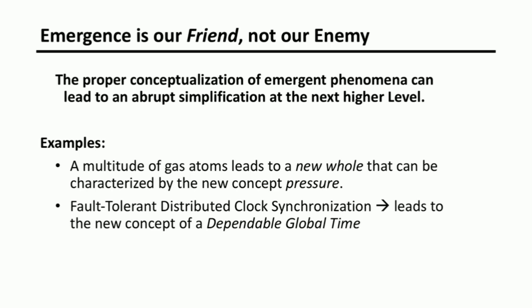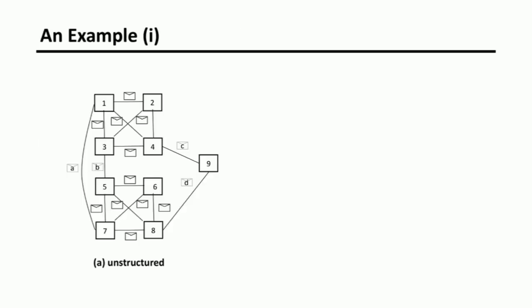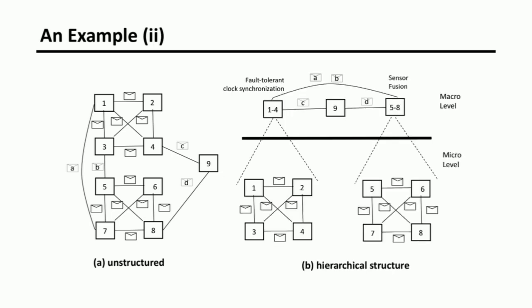And let me give you finally, before closing, an example. Look at this structure here. Is it easy to understand what it's doing? And we do a reconceptualization. We say that components 1 to 4 are handling a fault-tolerant clock synchronization.